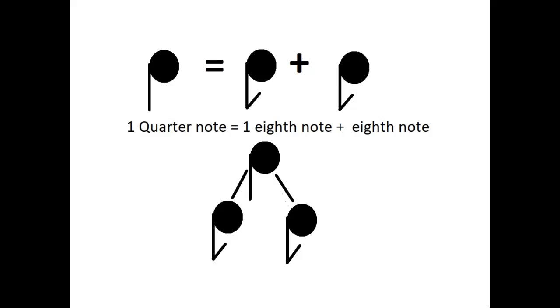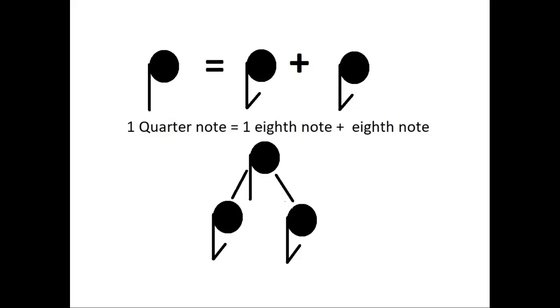But in a quarter note, there's 2 of them. And of course, in a half note, there would be 4 of them. And if you look at the illustration below, there is a quarter note, and underneath it are 2 eighth notes. But how do you know that it's an eighth note? It's got something extra added to it.